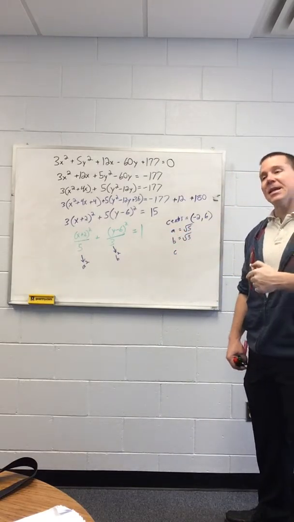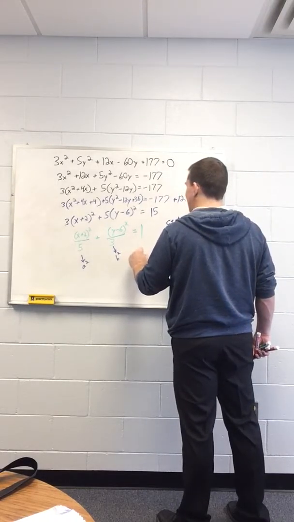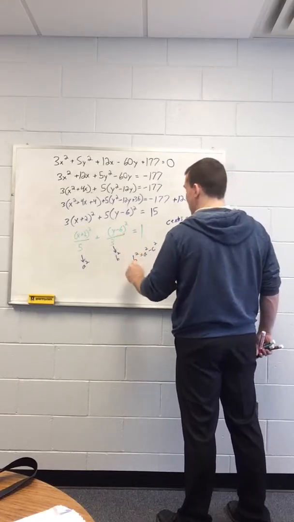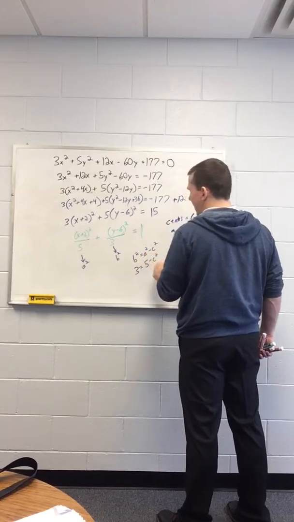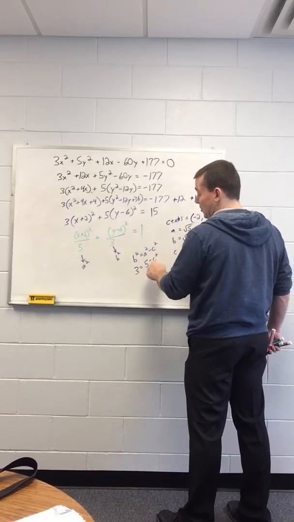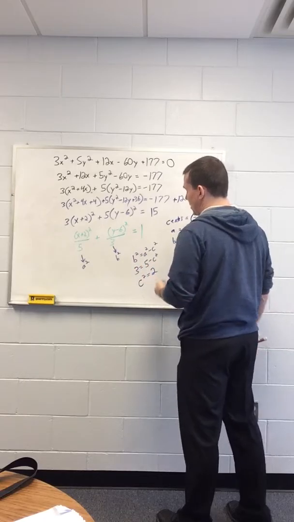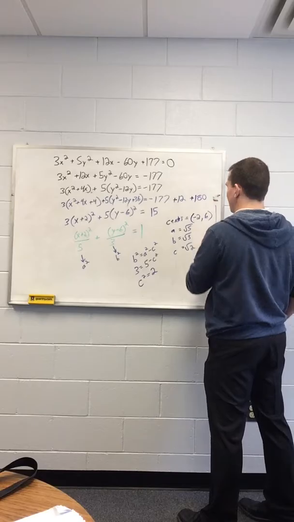Now we need to find C. We have the Pythagorean relationship, B squared equals A squared minus C squared. So 3 equals 5 minus C squared. Add the c squared, subtract the 3, you get c squared equals 5 minus 3, 2. C squared is 2, which means c equals root 2.